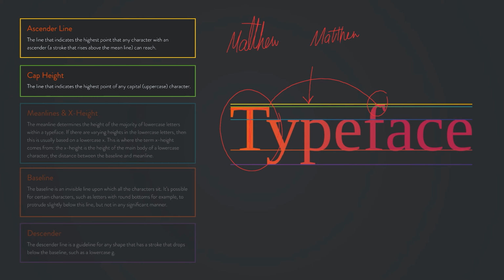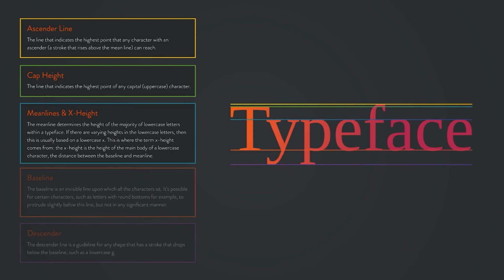The mean line and the X height then. So the mean line determines the height of the majority of lowercase letters within a typeface. If there are any varying heights in the lowercase letters, then that is usually based on a lowercase x, and that's where the term X height comes from. So sometimes they're the same. The mean line and the X height are often the same.